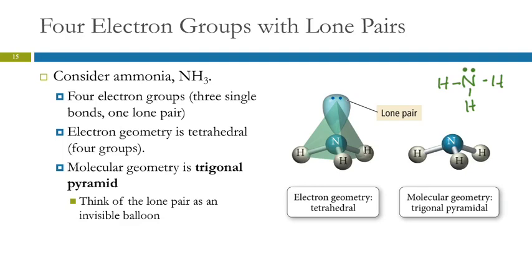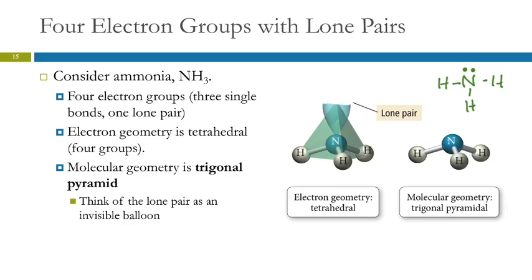It's pushing the other electron groups away, but you can't see it when you're just looking at atoms. So the electron geometry and the molecular geometry for this one are going to be different. But if they don't have lone pairs, it'll be the same.